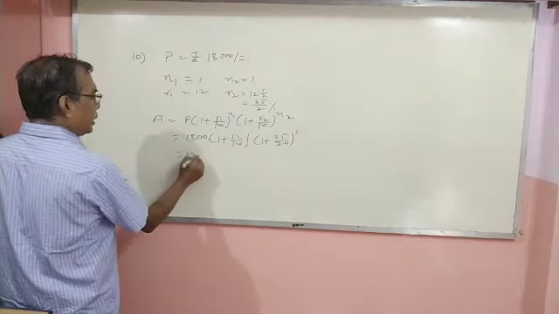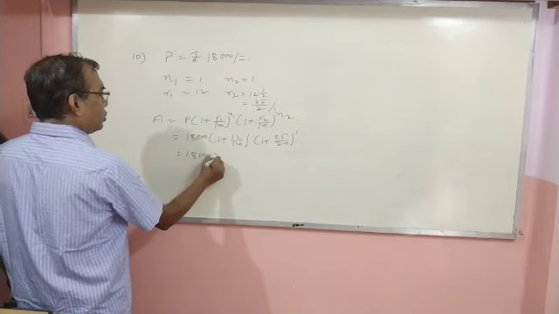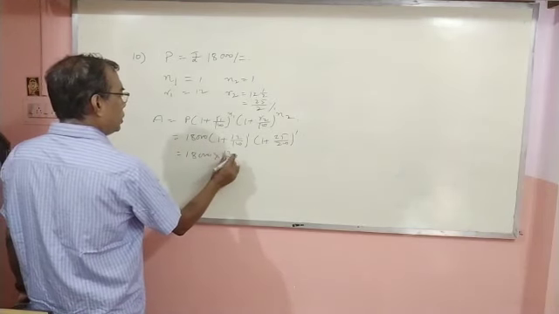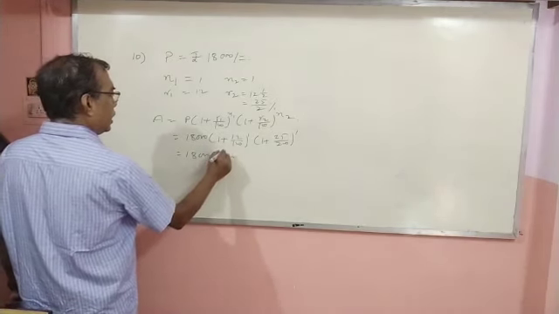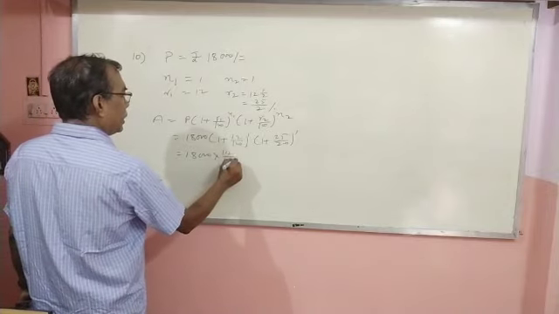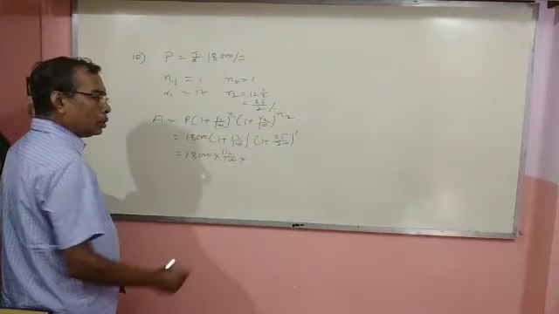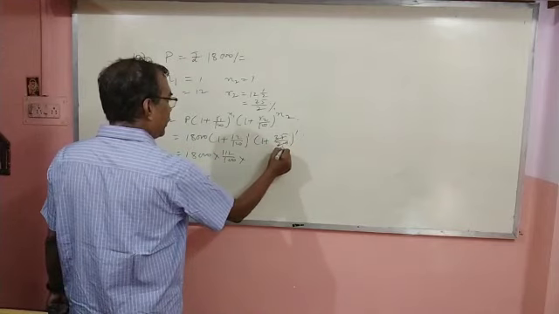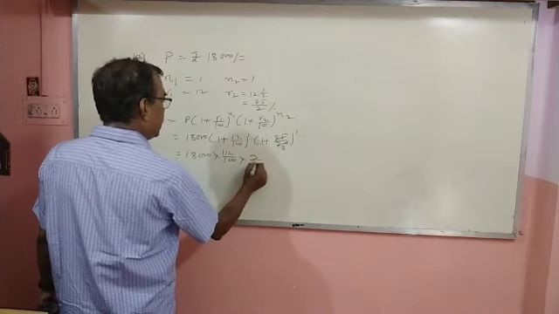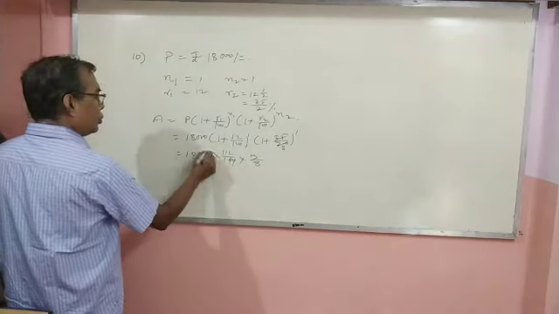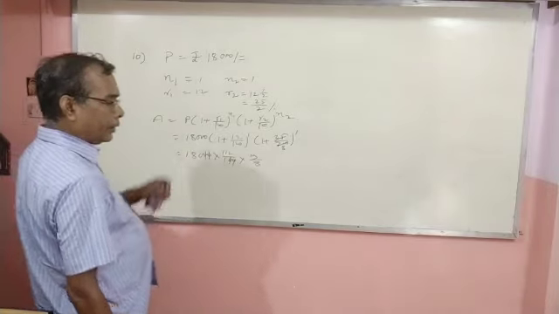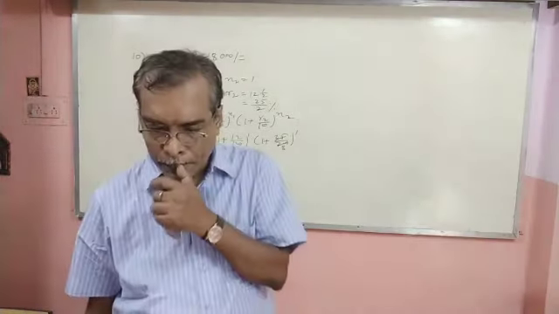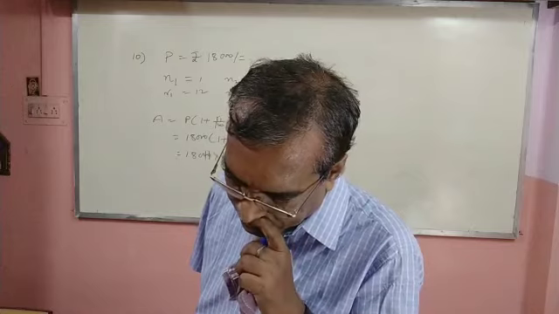So this one is equal to 18,000 into 112 by 100, into 225 by 200, so 225 by 8 is equal to 9 by 8. This 20 is going to be cancelled.